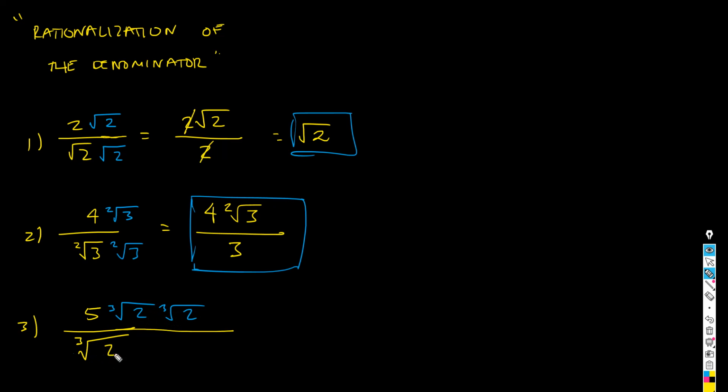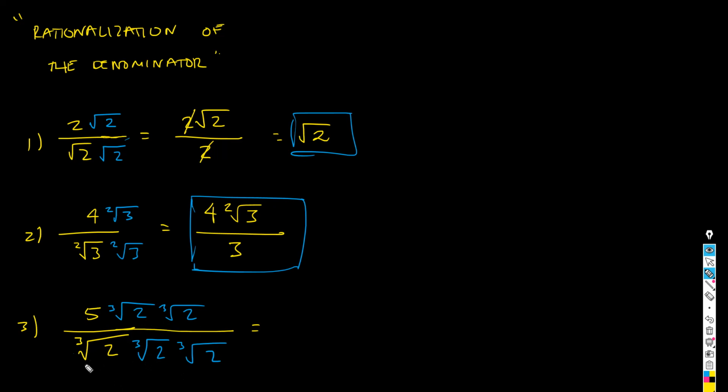So I'm using the cubic root of 2 twice, and the same below: the cubic root of 2 times the cubic root of 2 times the cubic root of 2. Now, why did I use another one here? Because if you noticed in the other examples, I just used one factor for the numerator and one factor for the denominator. But here I'm using it twice. Why do you think that is? What could be the possible reason?